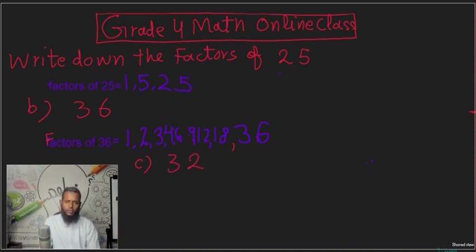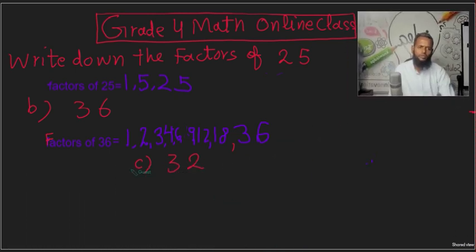Factors of 32. Can you find the factors of 32? Okay. Give the heading. First of all, write the heading factors of 32 and then you should try to solve.